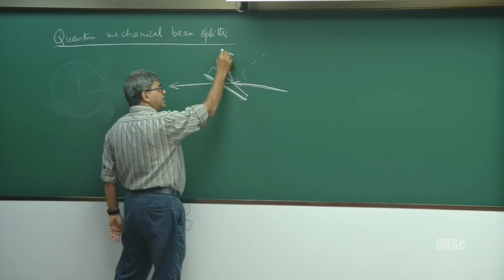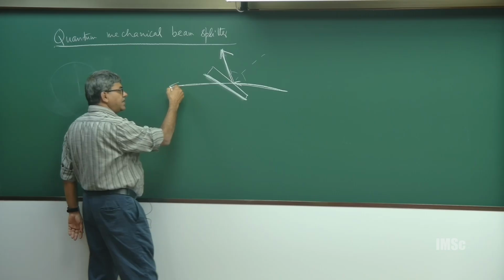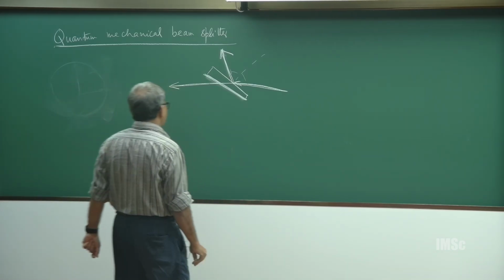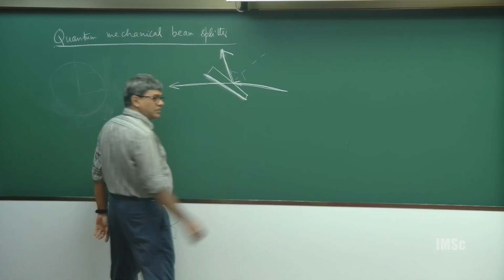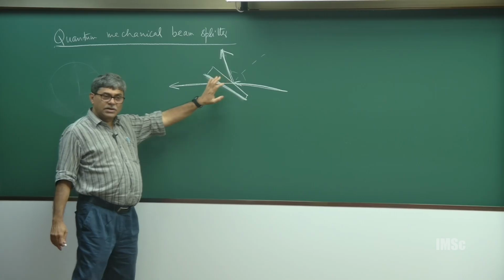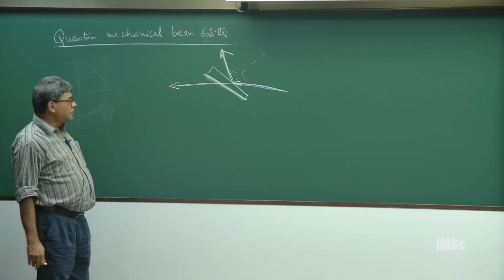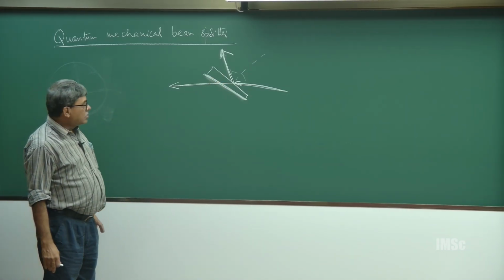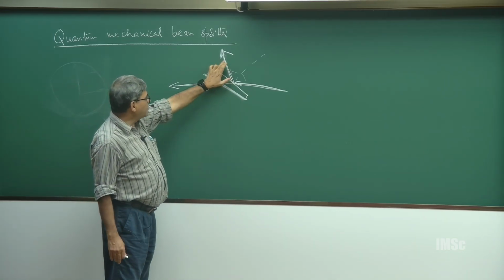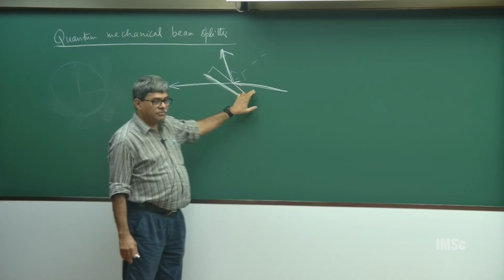So, intensity of light in the reflected beam plus intensity of light in the transmitted beam, that is the energy conservation, and this is true for classical light also, right, because this is a lossless beam splitter. So, the energy of this plus energy of this should be equal to energy of this input beam.